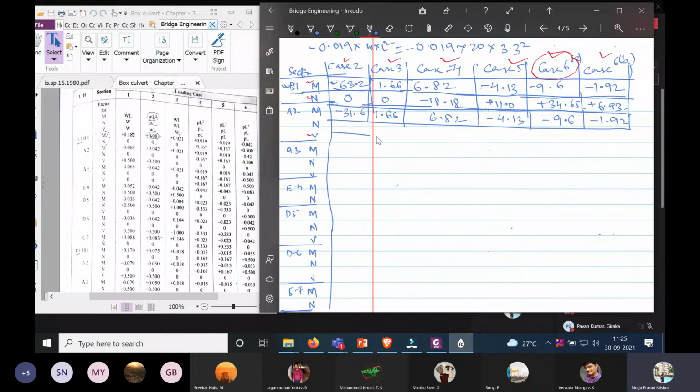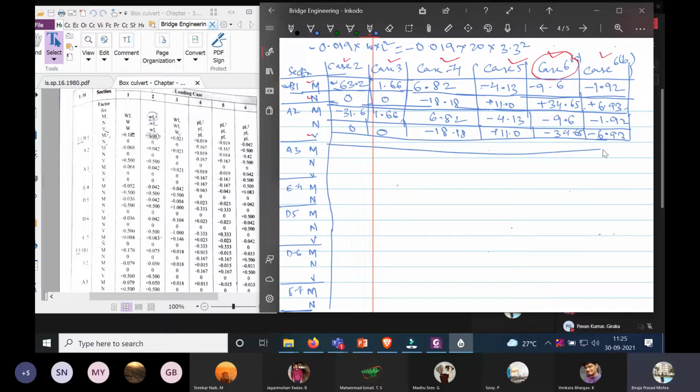Next value, that is the value of N, the thrust in section A2. It is 0, here it is again 0, then minus 18.18, then plus 11.0, next minus 34.65 and minus 6.93.